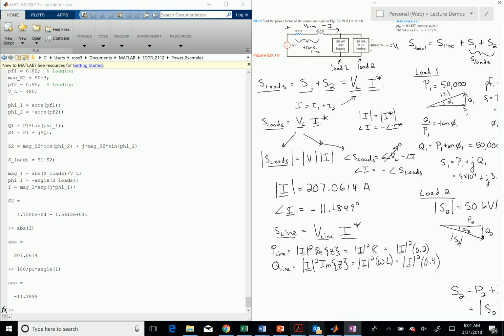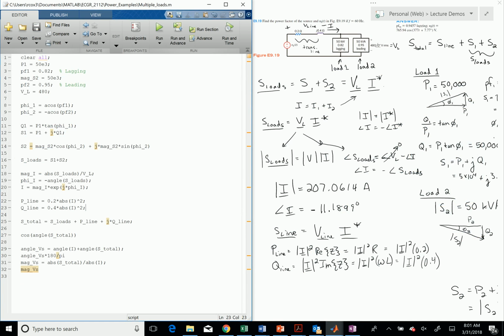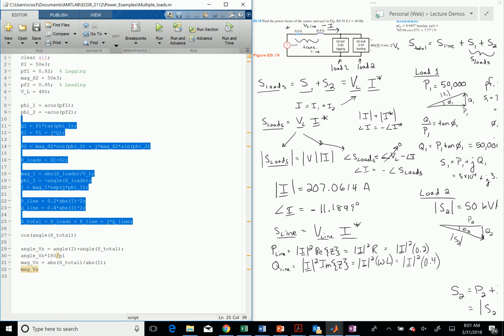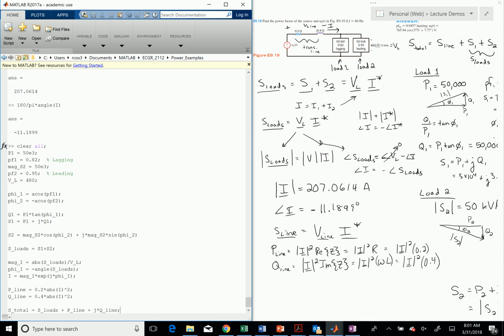Okay, so my code, I include that here, right? And then I add that to my S loads to get my S total. Okay, so I run that, copy it, paste it.